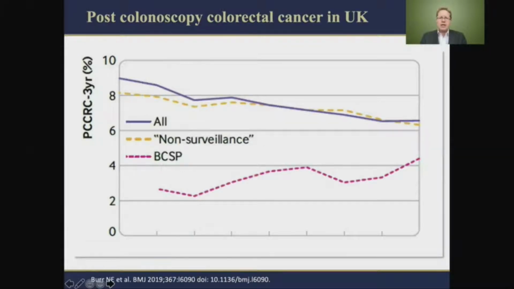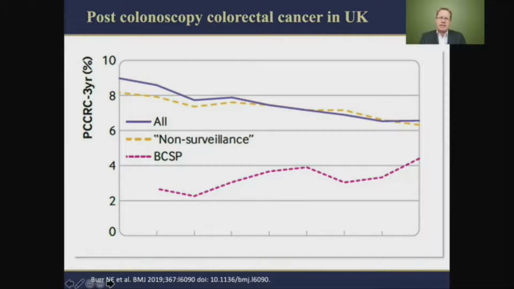So why are we interested in adenoma detection? Well, we know we've got a problem with cancer occurring after colonoscopy, the post-colonoscopy colorectal cancer rate, and this runs from about 2006 to 2013. The proportion of cancers that occur after apparently a clear colonoscopy has gone down from about 9% to about 7%, but still a very striking level.